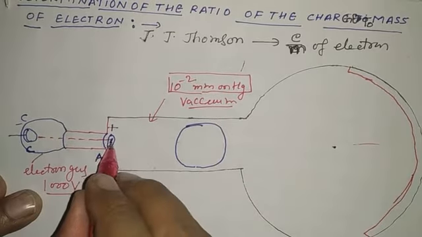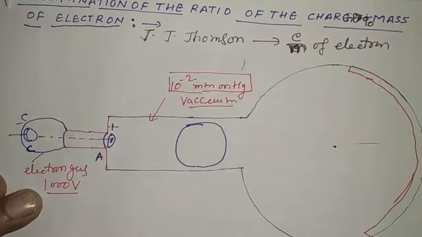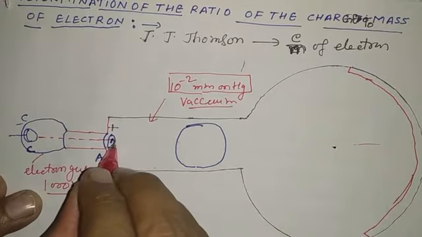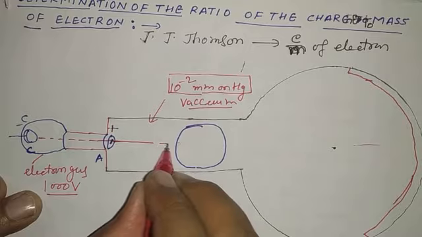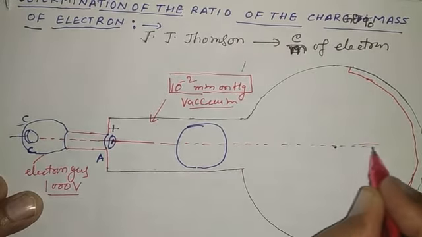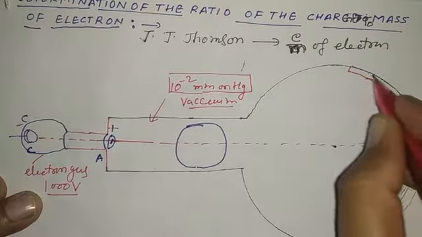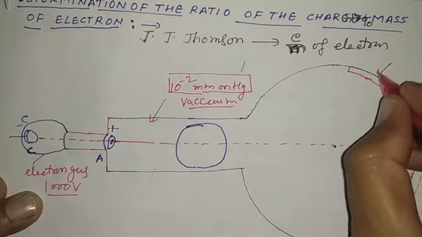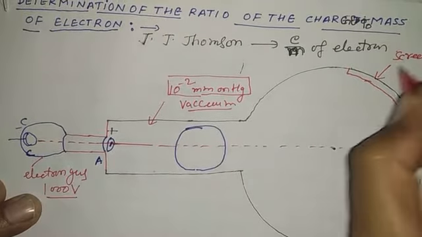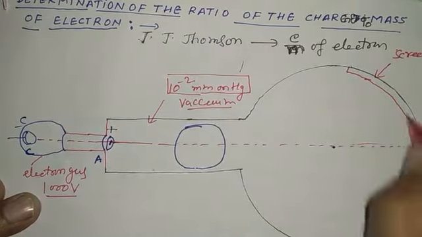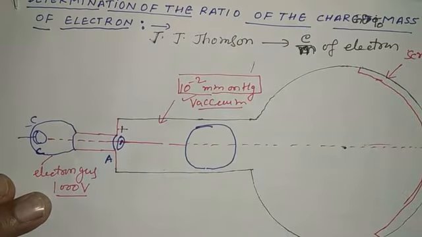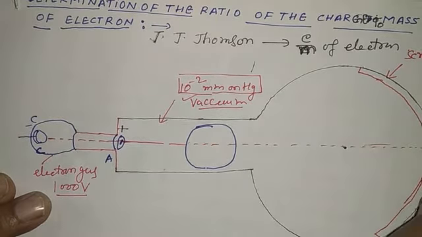Since this is a perforated anode, the beam of electrons goes straight and falls here on the screen. This total device is enclosed at extremely low pressure, that is, at vacuum.